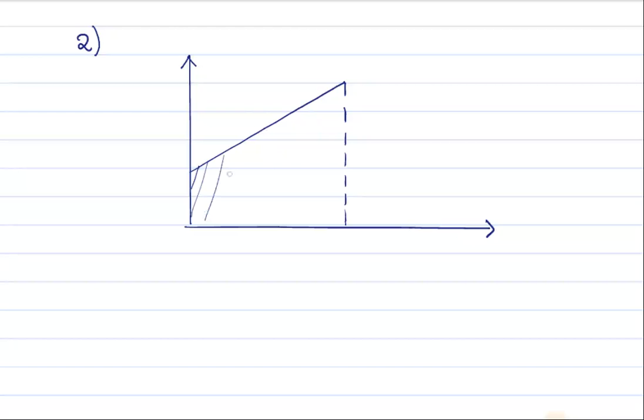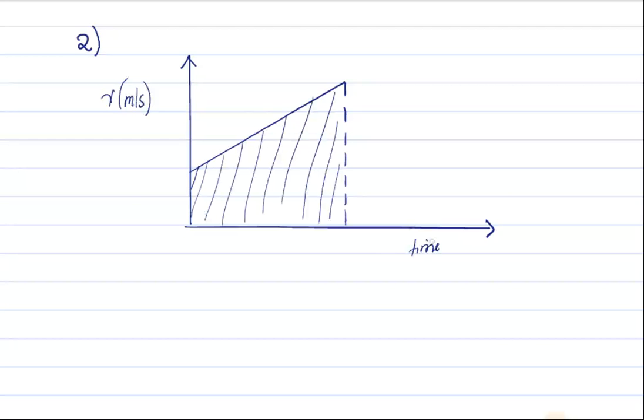You've seen how the graph is? So we have got velocity in meters per second, as usual, we've got time in seconds. This graph shows uniform acceleration, because there is a uniform change in velocity.